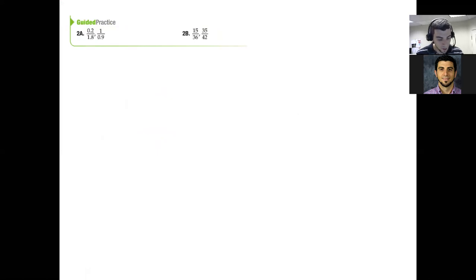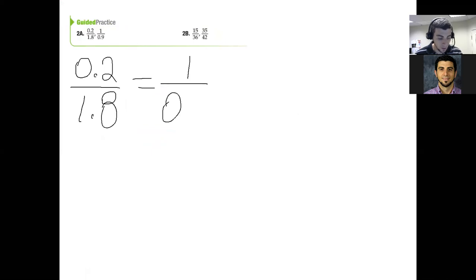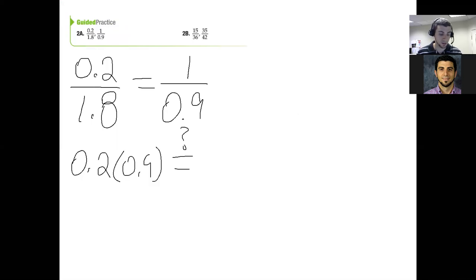Okay, we're back. So 2A in question is 0.2 to 1.8 equal to 1 to 0.9. So you multiply 0.2 times 0.9, and is that equal to 1.8 times 1? I'm going to put a question mark there because I'm kind of asking the question.